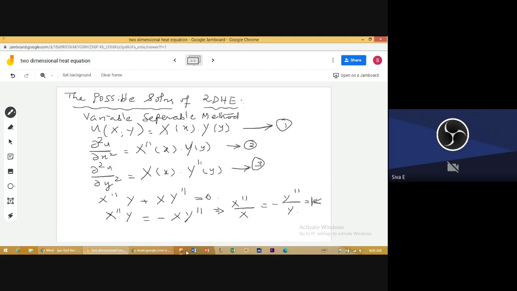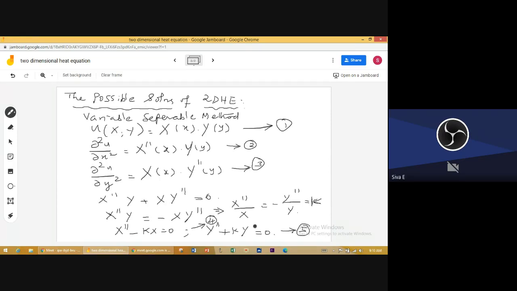Therefore these two equations can be written as X double dash minus kX equal to 0, Y double dash plus kY equal to 0. This is equation number 4, and this is equation number 5.